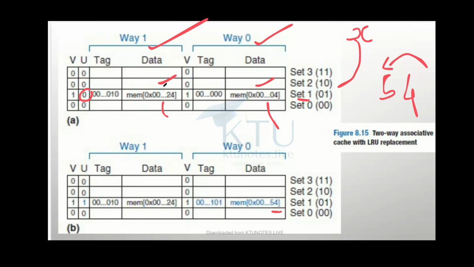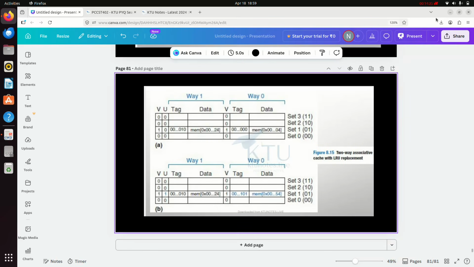Now I need to add 54. According to the LRU policy, the least recently used would be replaced. That means way 0 would be replaced. Now way 0 is replaced and the U bit becomes 1, because now way 1 becomes least recently used. So this is how you do the question in LRU replacement. I hope you have understood. Thank you.